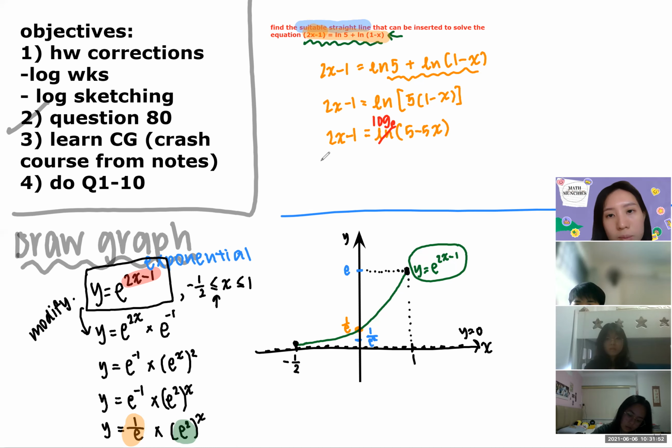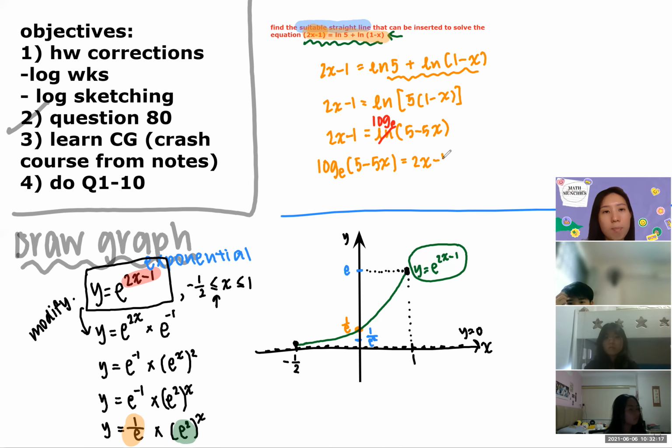Log base e, open bracket 5 minus 5x, close bracket, then equals to 2x minus 1.